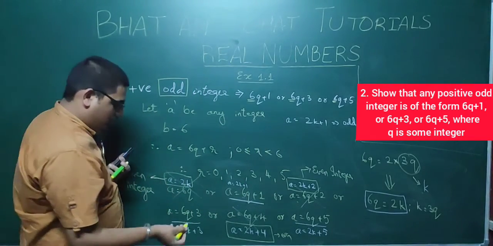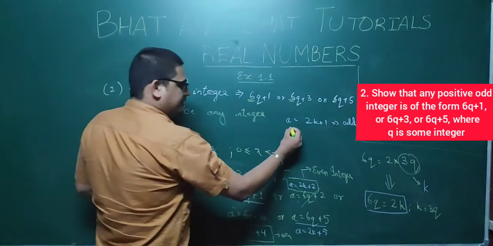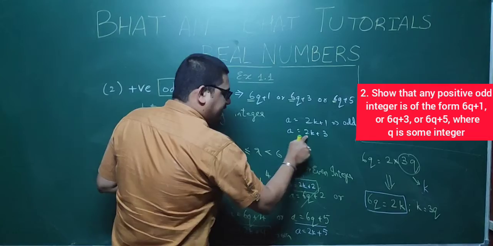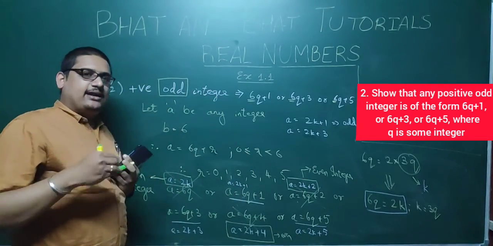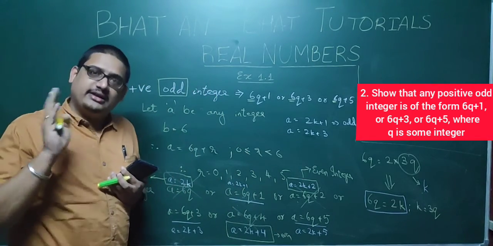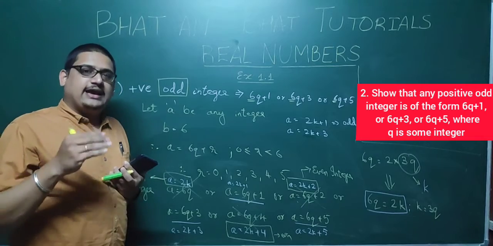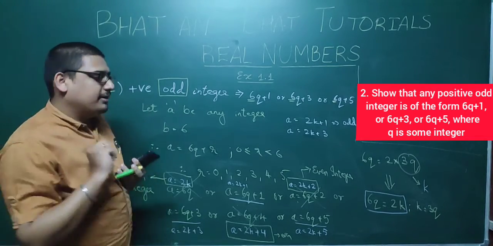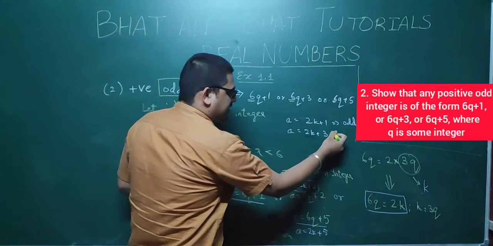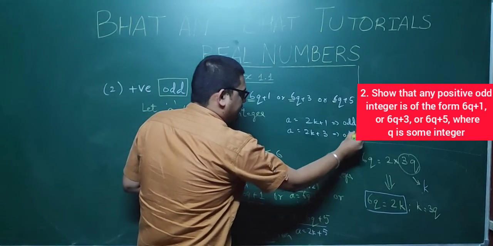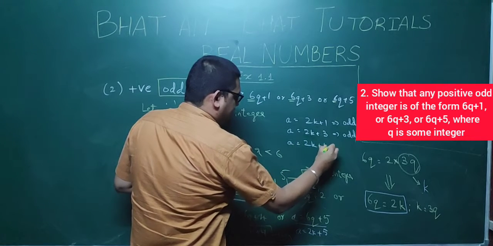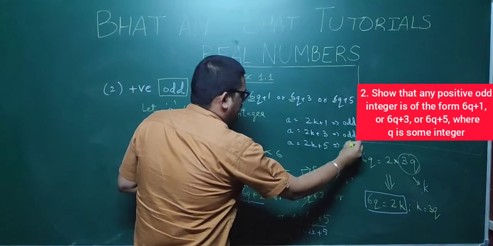Similarly, a is equal to 2k plus 3. 2k is an even number. We have studied in earlier classes that if I add an odd number to an even number, it becomes an odd number. Take 4 plus 3 is 7, which is an odd number. Same way, a is equal to 2k plus 5 is also odd.